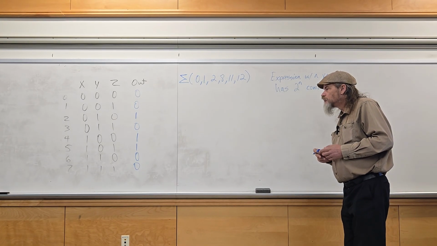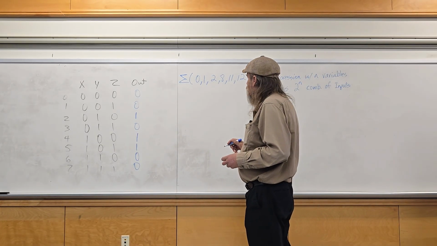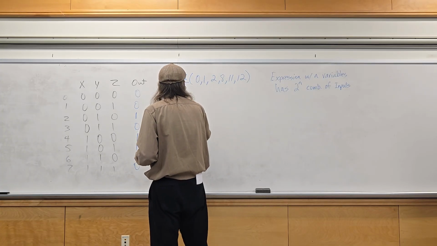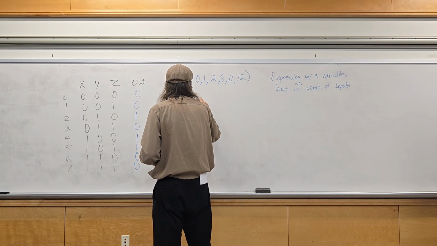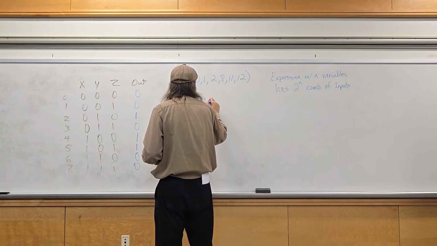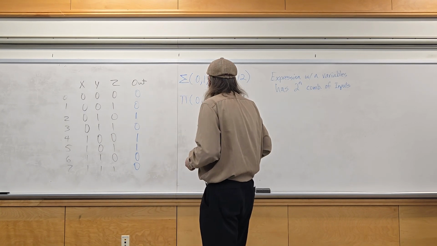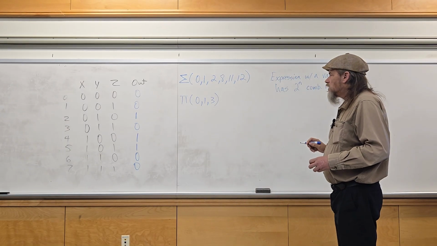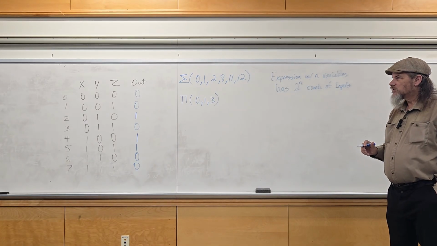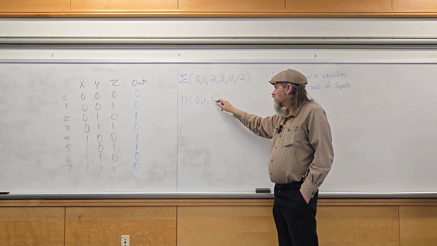But, yeah, let's see here. What would that look like? The pi of 0, 1, 3.